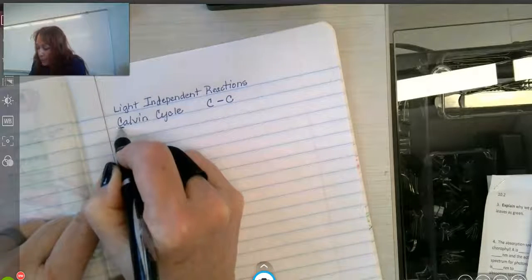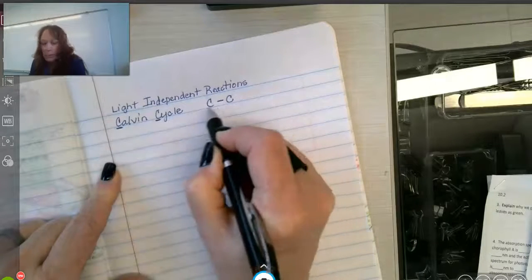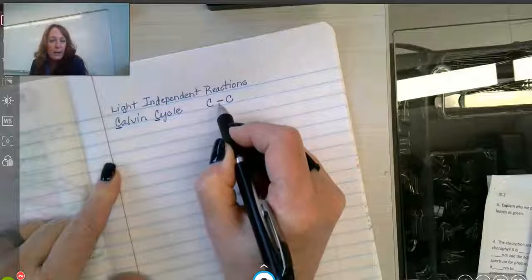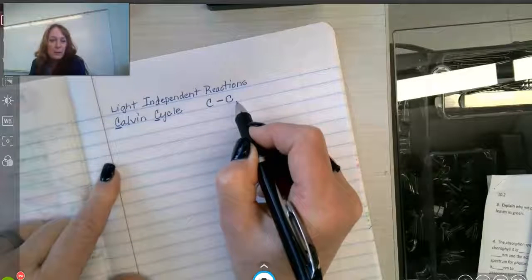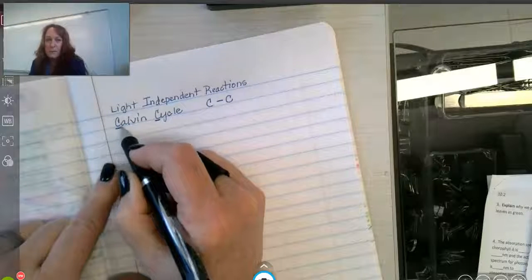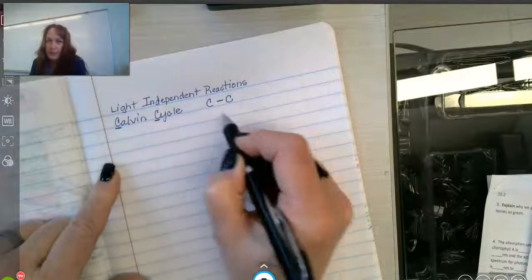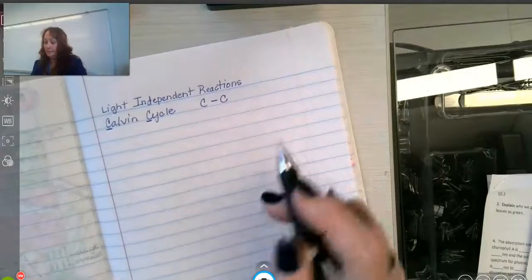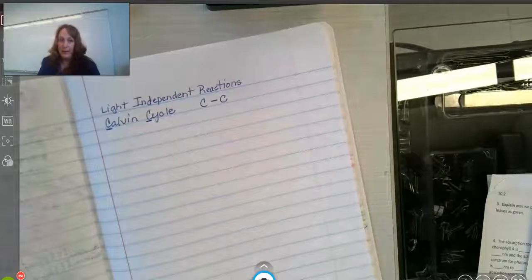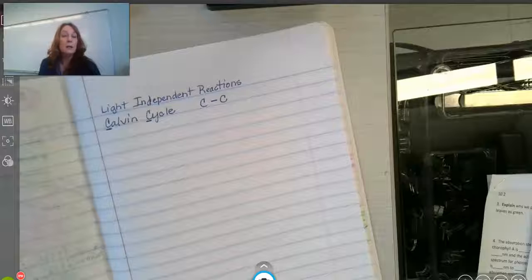These two C's together remind me, oh yeah, that's right, Calvin's job is to put carbons together. Calvin, cycle. So that's its job. So we're going to simplify something that makes Krebs look like kindergarten.